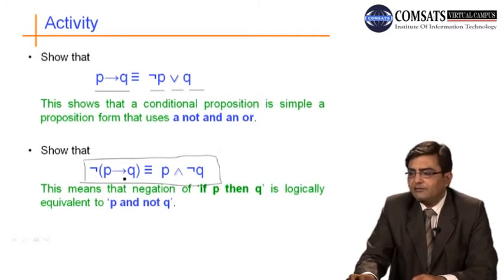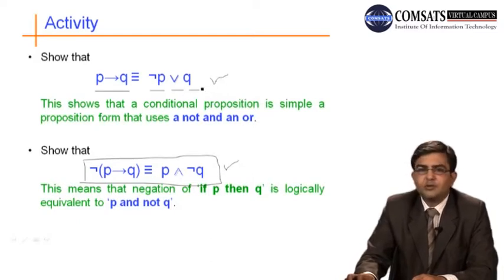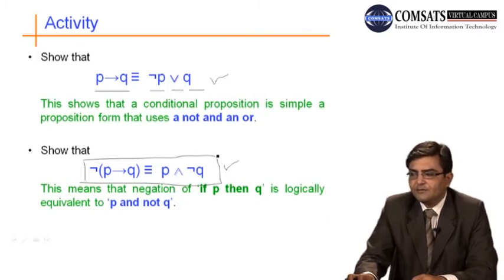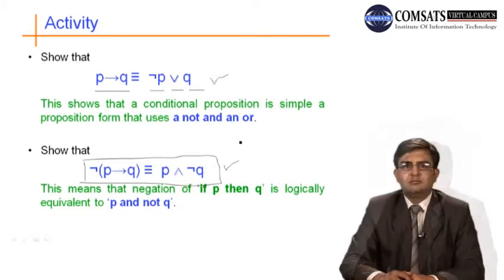So the negation of P implies Q is equivalent to P and not Q. So we will prove these two statements, or compound propositions, to be equivalent. We shall prove these two by using truth tables, which is the easiest way to prove two statements equivalent.